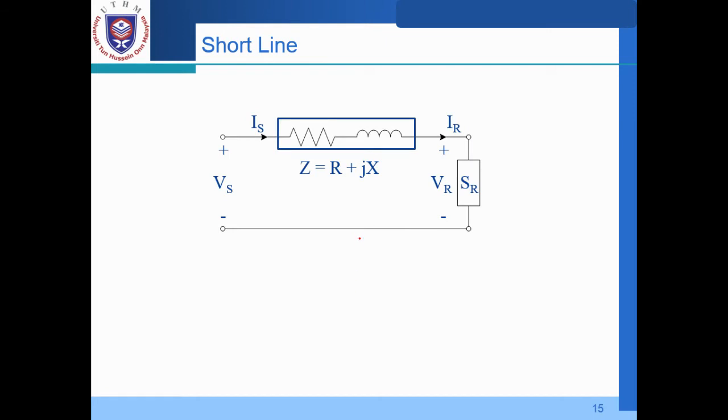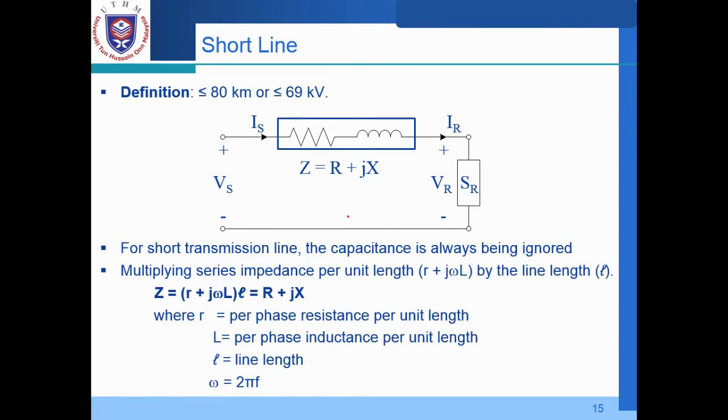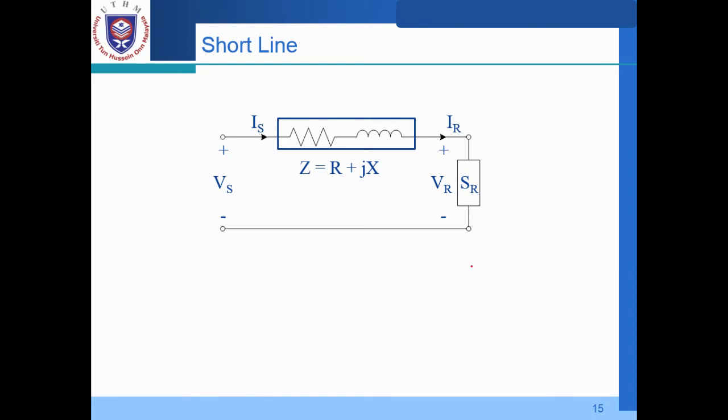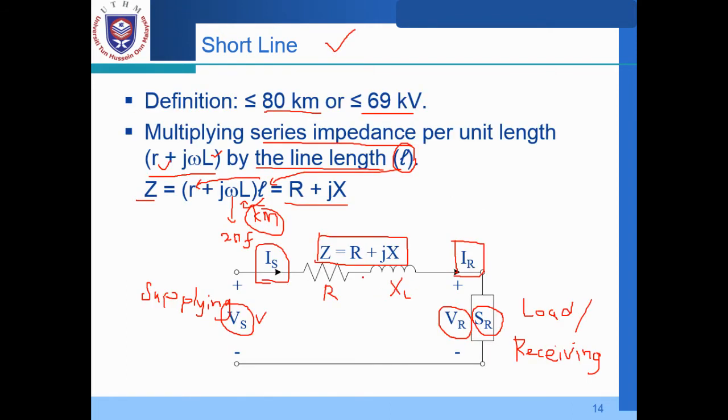And yes, this is another diagram of the short line equivalent circuit. By definition, for short line transmission, capacitance is always ignored. So let's say we have a bigger diagram over here. Suppose we have the shunt capacitance, but in the short line model it is neglected.